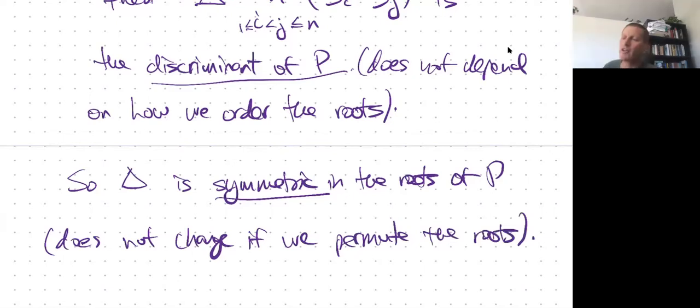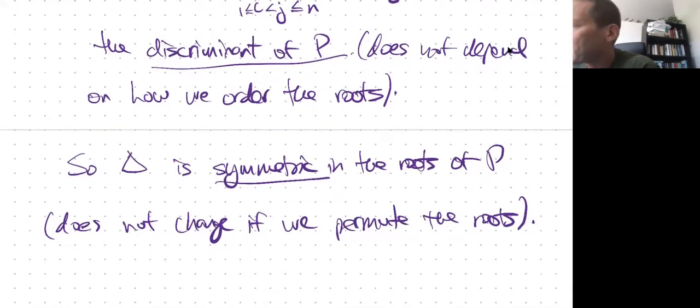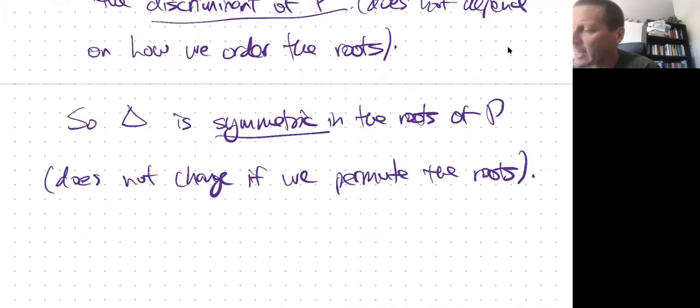And I'm going to require one non-trivial fact from algebra, and that's that if you take any expression which is symmetric in the roots, then the outcome of this expression is always an integer.